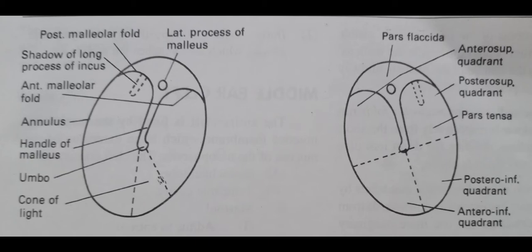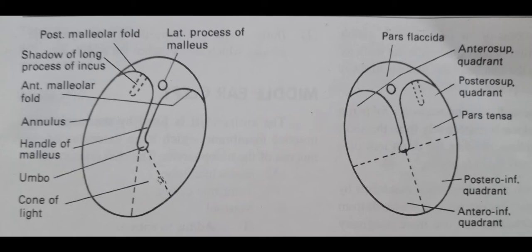Then the pars tensa is divisible into 4 quadrants by drawing an imaginary line extending downward from the handle of the malleus, and one more imaginary line at a right angle to the first line at the umbo.